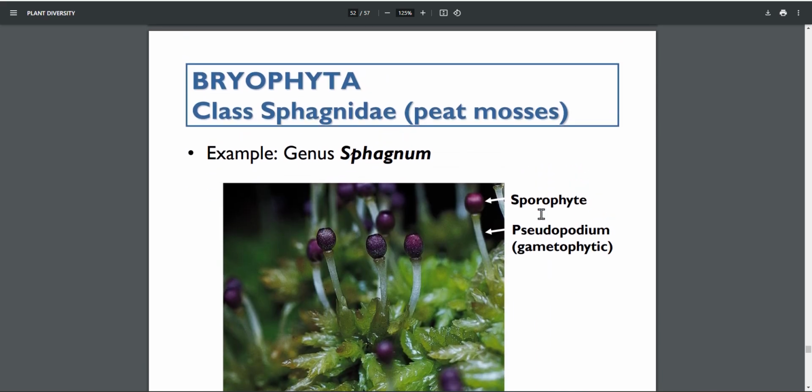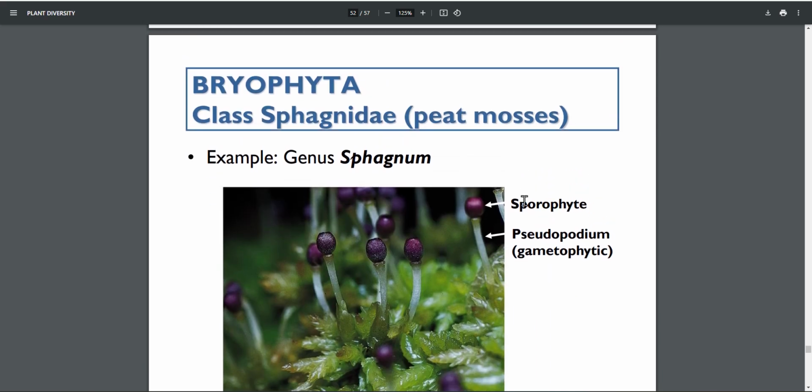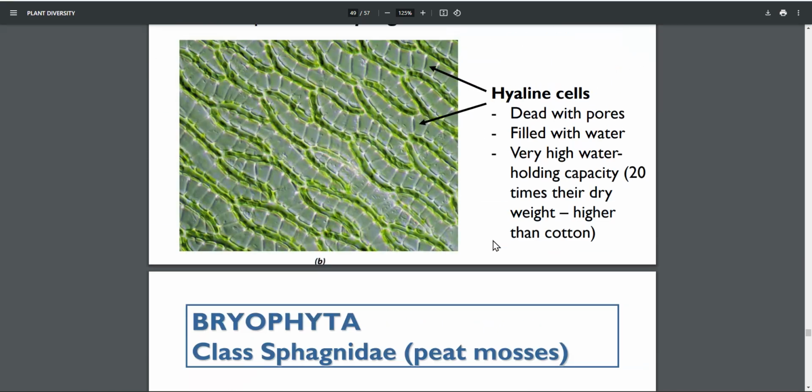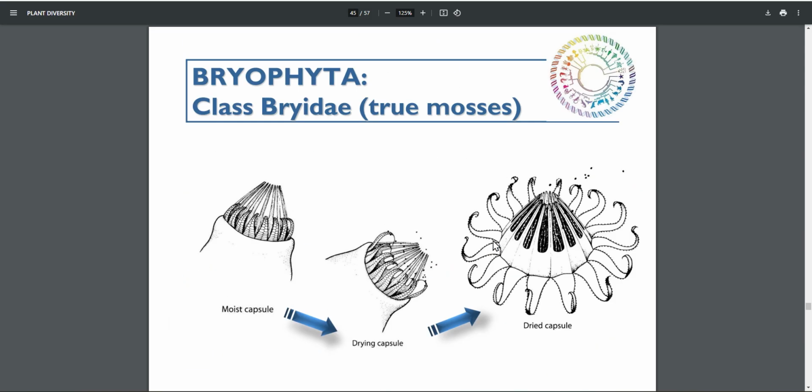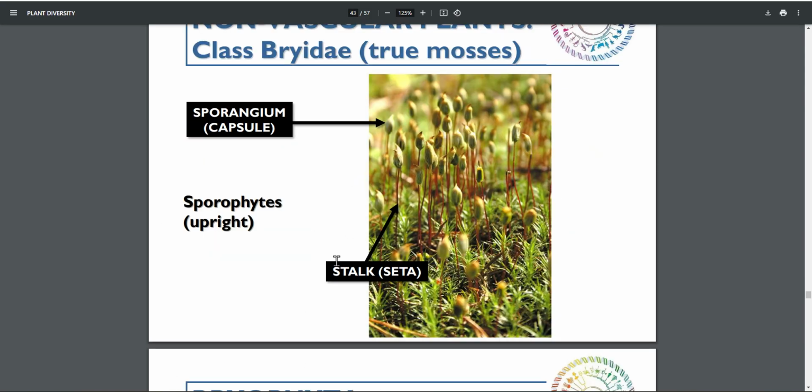And then the reproduction of sphagnum is a bit different compared to what we just saw in true mosses. So you still have the sporophyte in the pod, but the pseudopodium, the stalk, is gametophytic, meaning that it is from the gametophyte and is haploid, while the seta from the true moss is actually diploid.